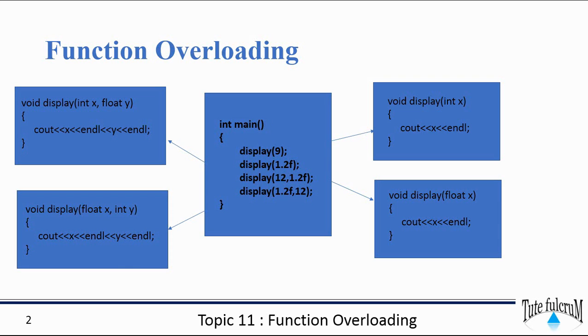And the fourth display function also has 2 arguments, but here the order of the arguments is different. The first one is float and the second one is an integer. We have implemented this. Also, we have described in detail how function overloading works in the C++ programming language.